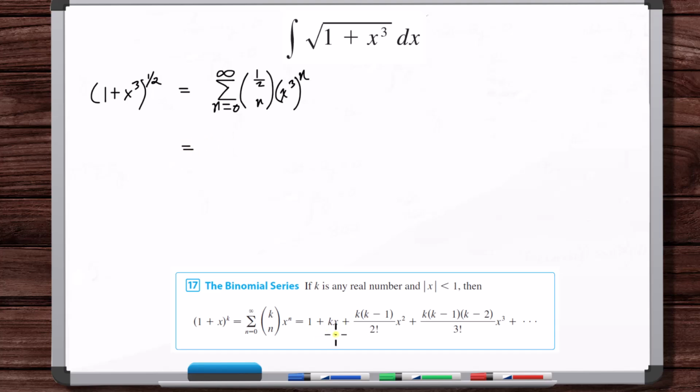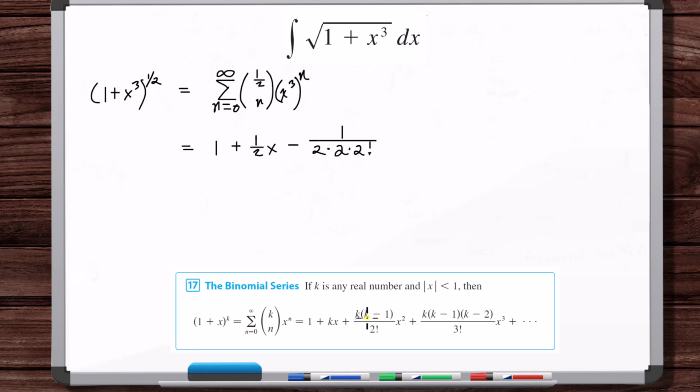So to write out the first few terms, we've got 1 plus 1/2 x, and then k times k minus 1 will be 1/2 times 1/2 minus 1, which is minus 1/2. With the binomial series, we can do this to identify a pattern. It's going to be 2 times 2 times 2 factorial, and then just a 1 in the numerator, right?